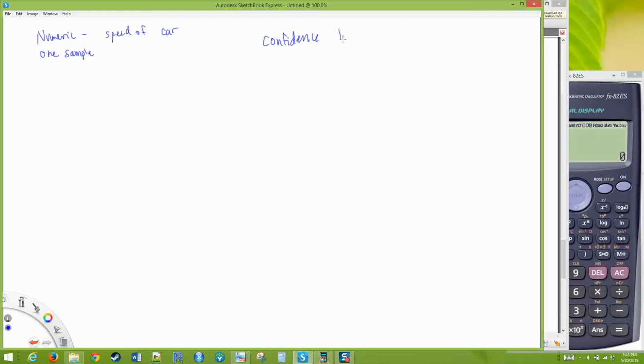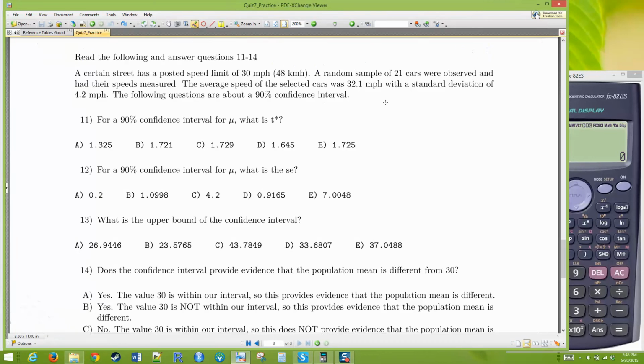So for a confidence interval, the formula that we use is x bar plus or minus t star times the standard error. And the standard error is equal to s over the square root of n. Okay, so the first question says, what is the t star, or what is our critical value?